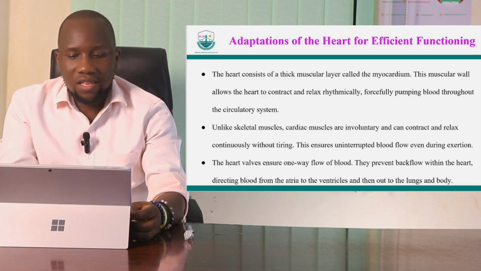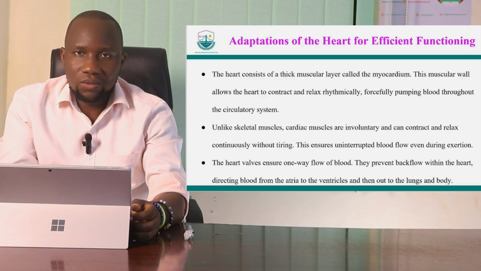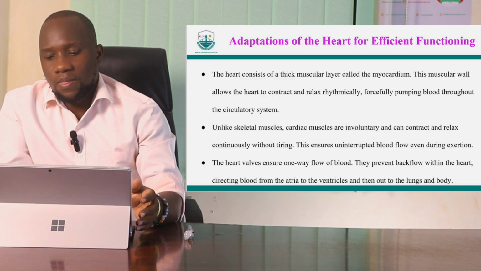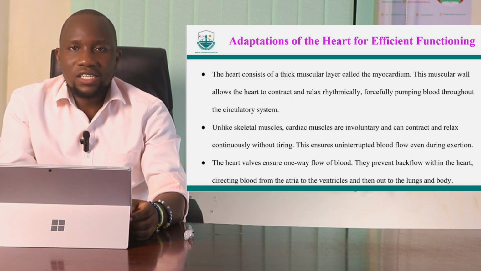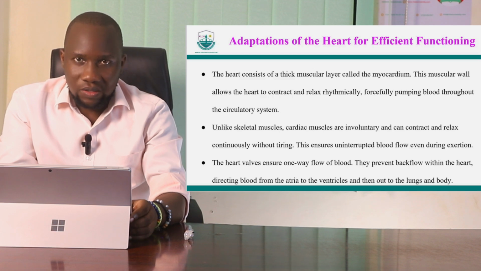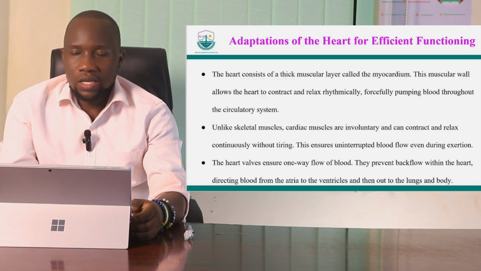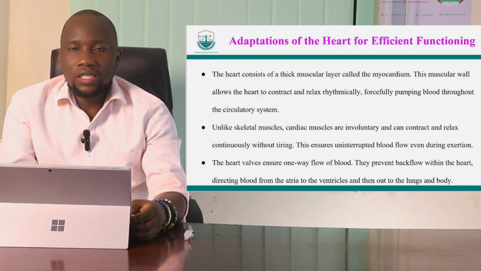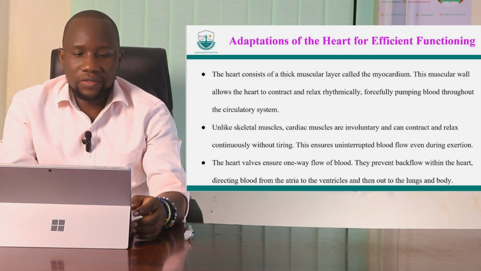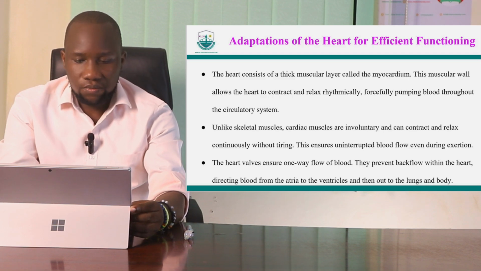And then the second thing is that the cardiac muscle, which is the heart muscle, has a unique property in that it generates its own contractions. It is not a voluntary muscle. That means that it can generate contractions from within it, and therefore it can continue to contract and relax without the need for continuous stimulation.